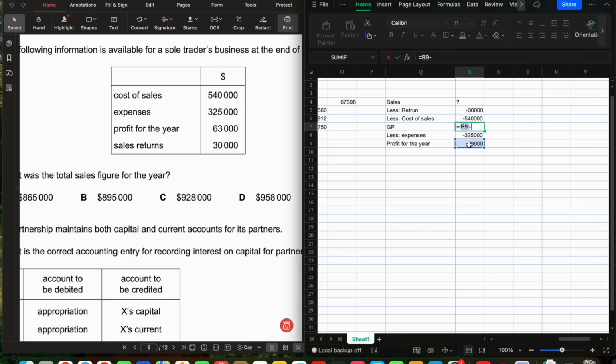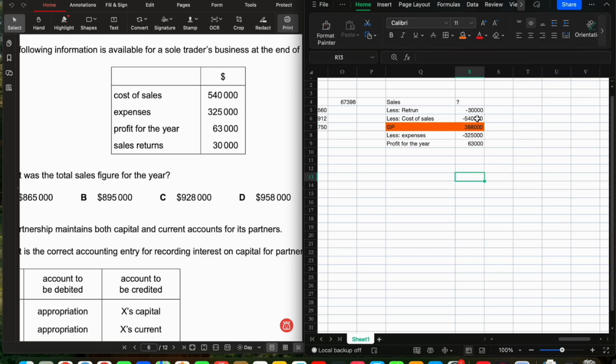Okay, I'm putting minus because minus into minus is plus. So this should be my gross profit. So in this gross profit, if I subtract 325,000 as my expense, then I will get my profit for the year. So we just found gross profit out here.